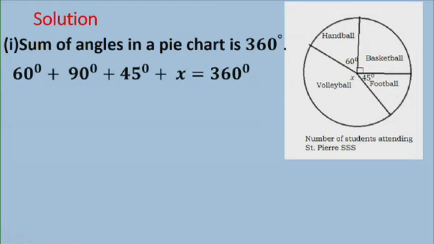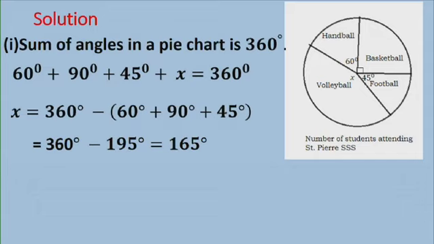That is 60 degrees plus 90 degrees plus 45 degrees plus x is equal to 360 degrees. So x is going to be 360 degrees minus the 3 angles, 60 degrees plus 90 degrees plus 45 degrees. So you have x equal to 360 degrees minus 195 degrees, which gives us 165 degrees.